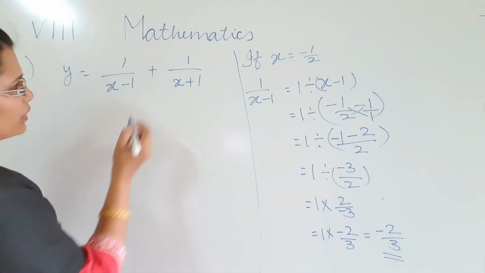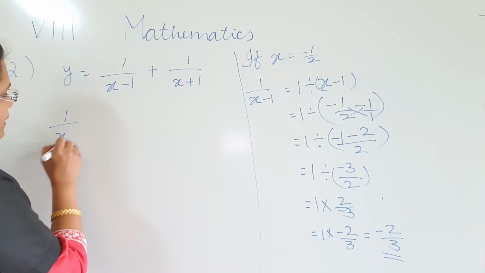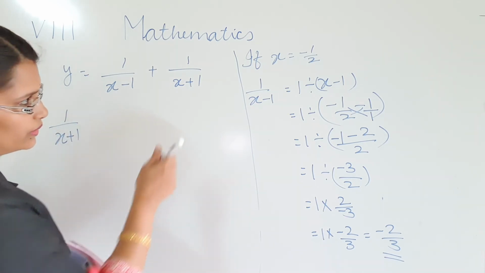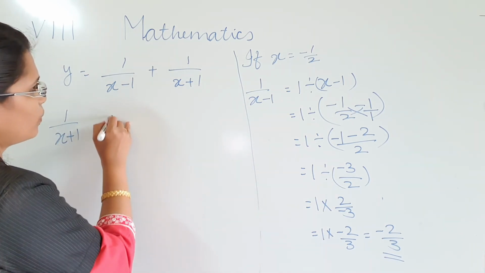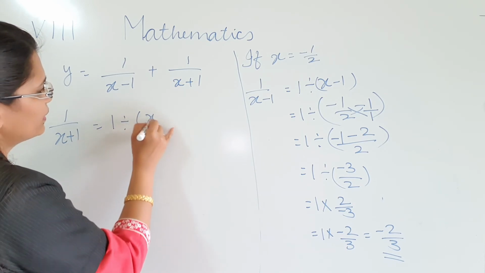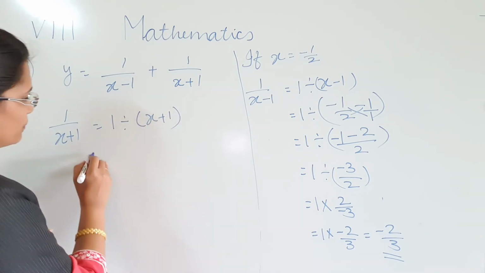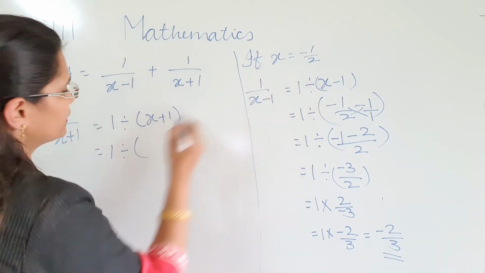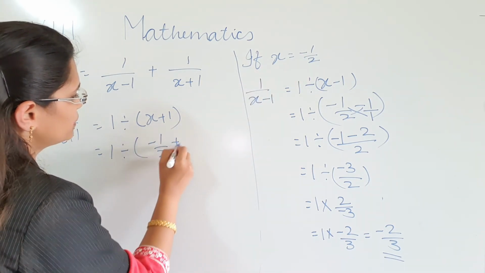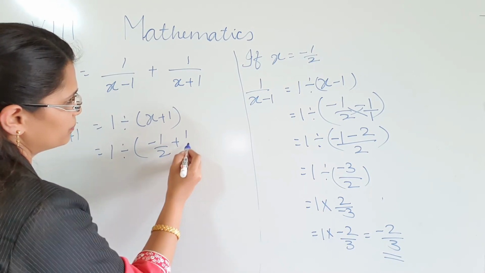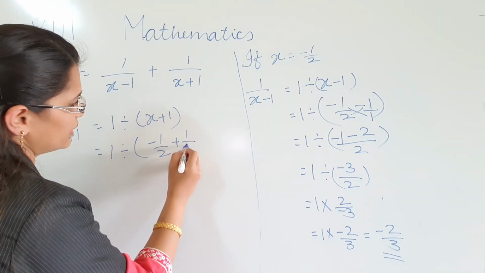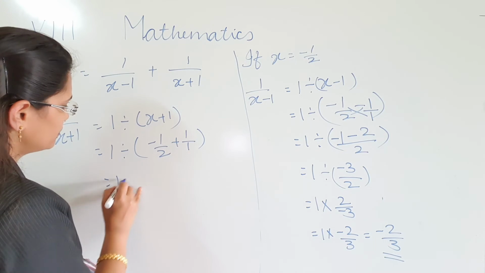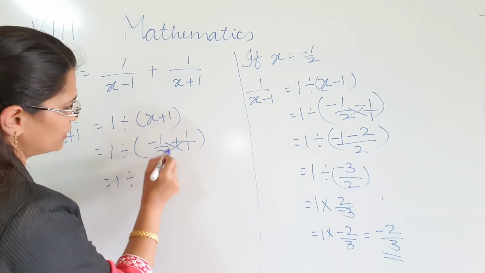Now, let us do 1 by x plus 1. 1 by x plus 1 is equal to 1 divided by x plus 1, is equal to 1 divided by, what is x here? Minus 1 by 2 plus 1. Here we can make this a fraction and then cross multiply.